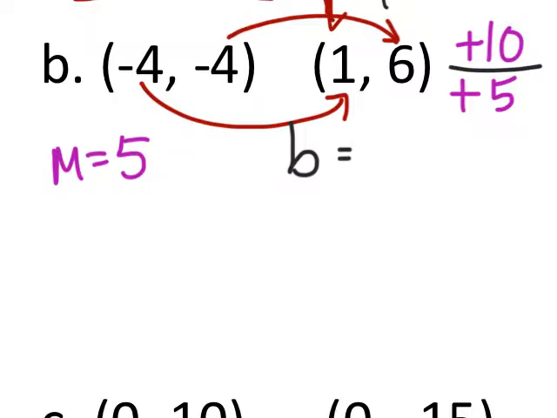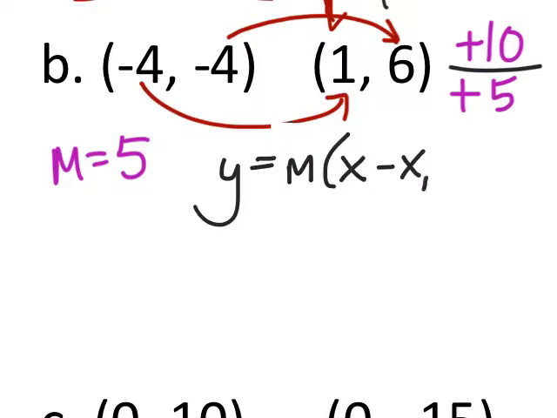Some of you may remember that point-slope form is y equals the slope, and then in parentheses you have x minus the x value, plus the y value. Okay?